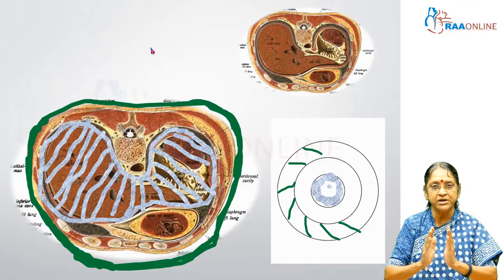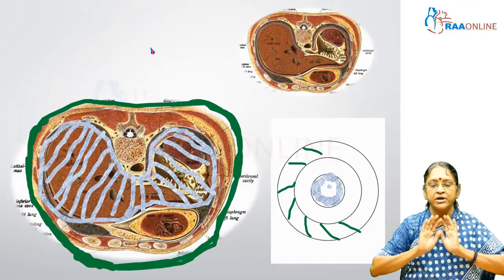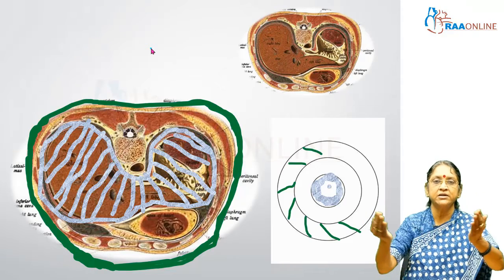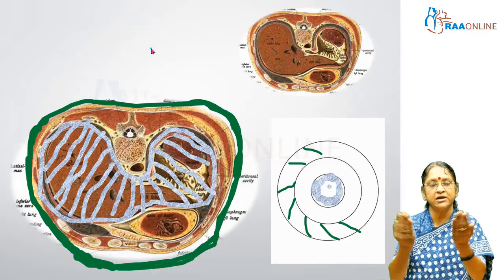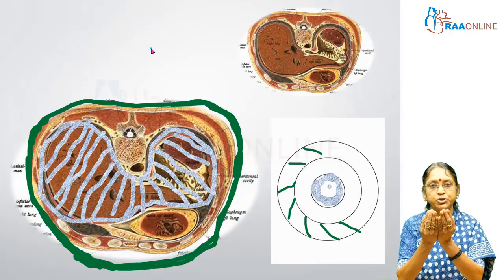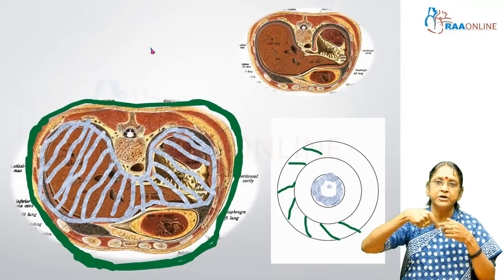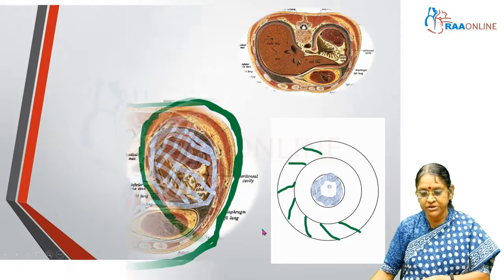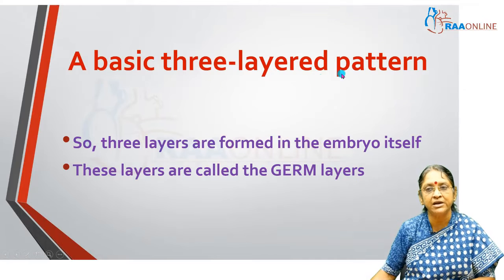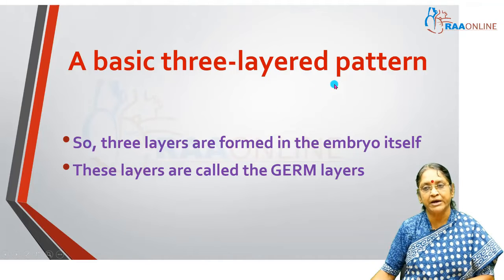The innermost cylinder, and surrounding that is another cylinder of tissue, and still surrounding that is another cylinder of tissue which covers the body. So, an external covering, an internal tube, and between the external covering and the internal tube, an intermediary zone which has several structures. So, this kind of a basic three-layered pattern or a basic three concentric cylinders pattern.